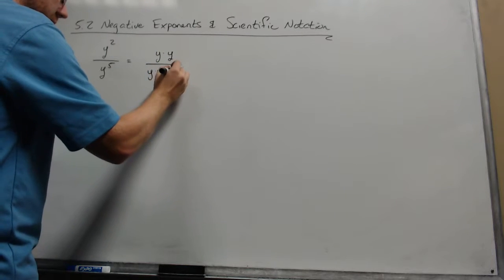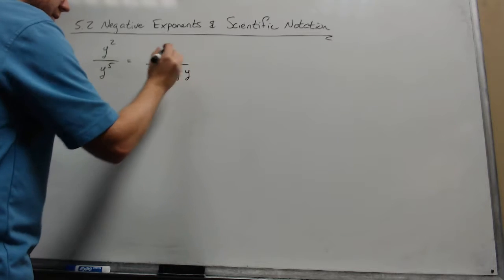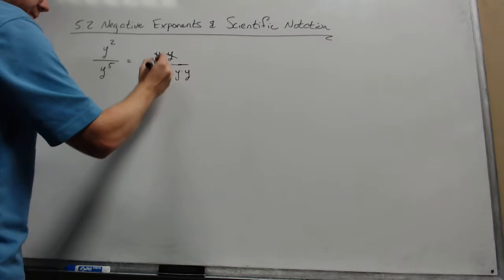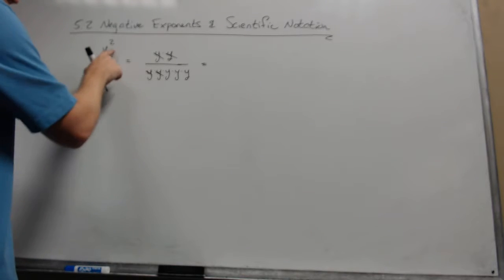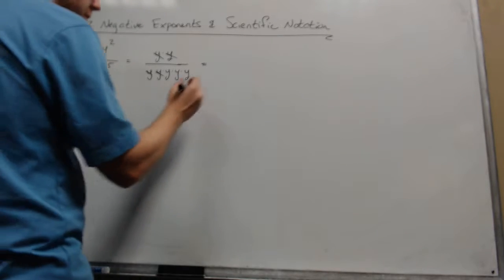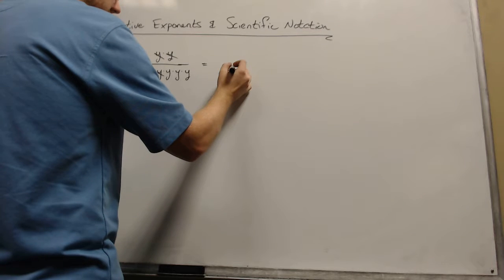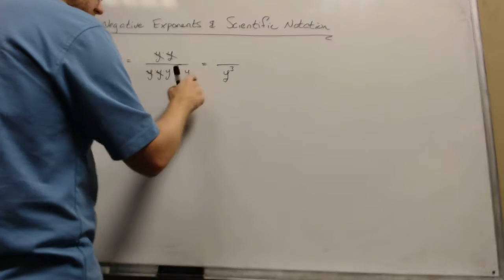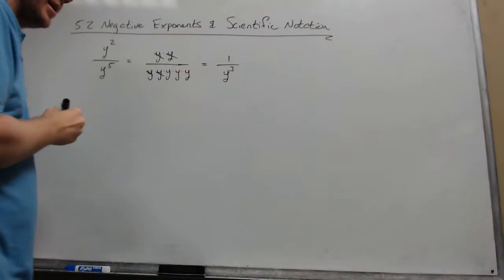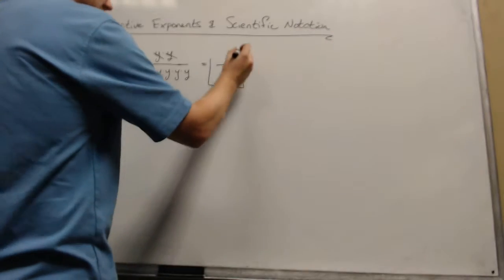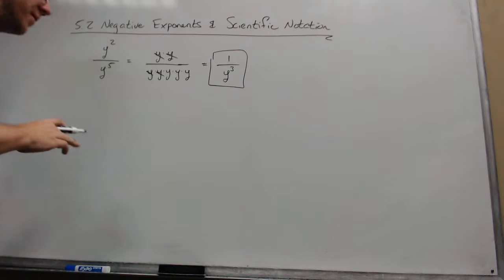Spell out what's going on, and do a little canceling, or simplifying. And we saw we just really need to find the difference between these two, and we end up with y to the third power. But those extra 3 y's are in the denominator, with everything being simplified in the numerator, meaning there's just a 1 left over. So that's a perfectly good answer, and in fact, it's the best answer for us to use.